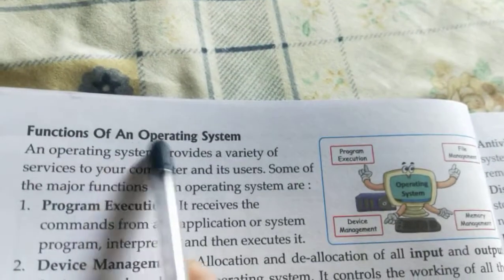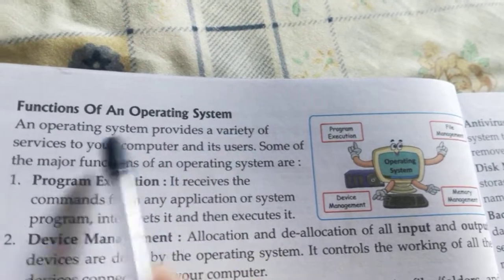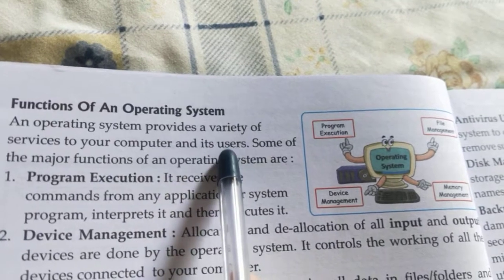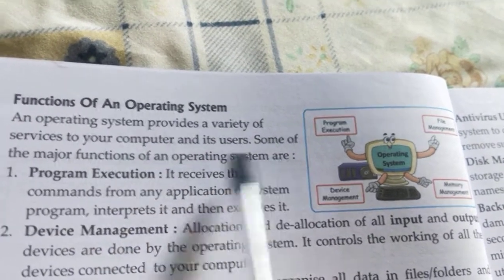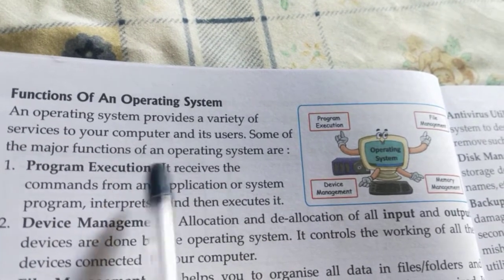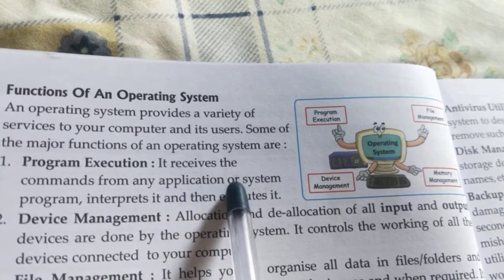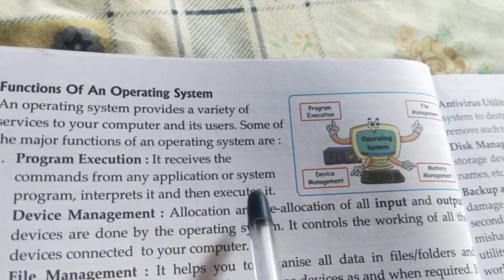Now, the functions of an operating system. An operating system provides a variety of services to your computer and its users. Some of the major functions of an operating system are: program execution. It receives the commands from any application or system program, interprets it, and then executes it.